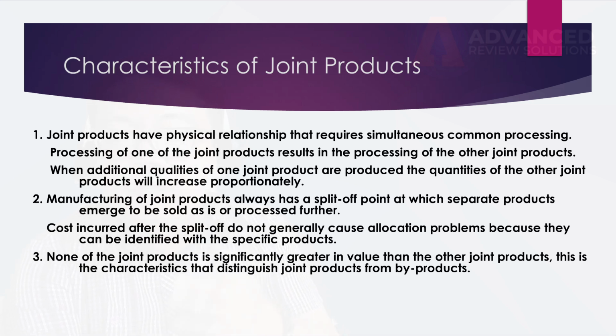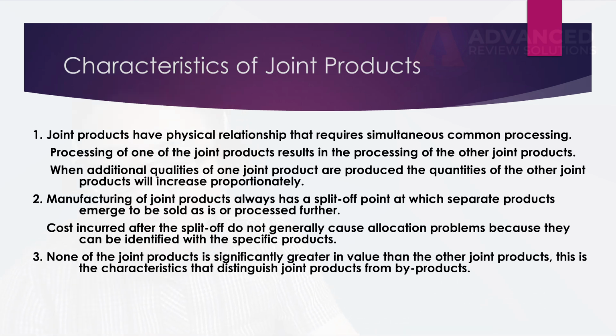Also, additional quantities of one joint product are produced when quantities of the other joint products are produced simultaneously or proportionately. Number two, the manufacturing of joint products always has a split-off point, at which separable products emerge, to be sold as is or processed further. And costs incurred after the split-off point do not generally cause allocation problems.